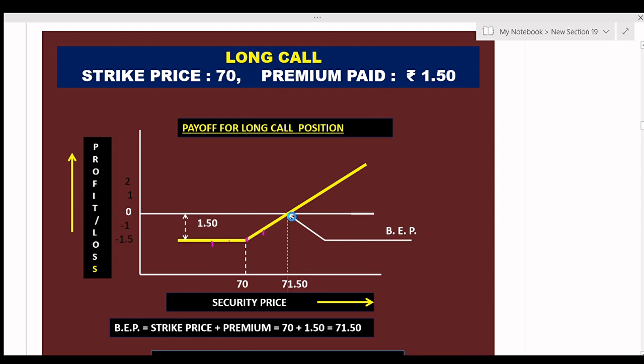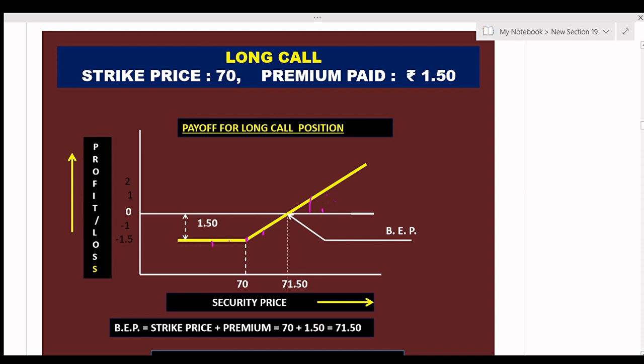So if it increases beyond this break-even point, then the trader will make a profit. If it is 72, then the profit will be 0.50, and if it is 73, the profit will be 1.50.